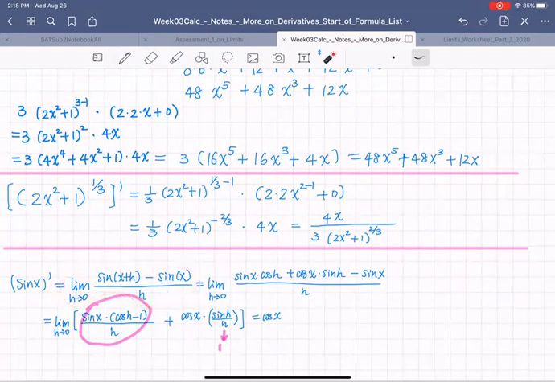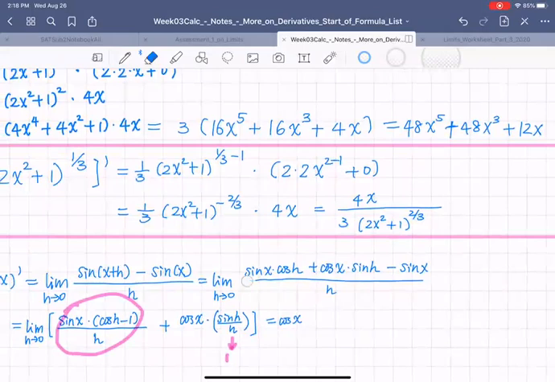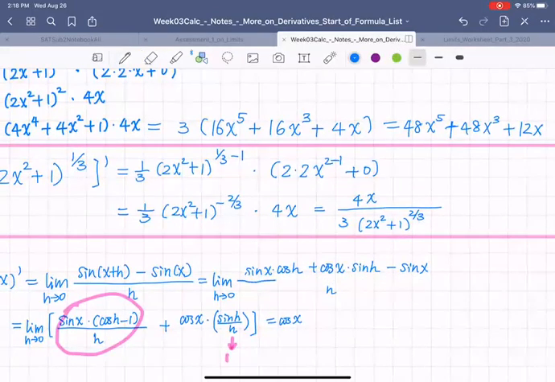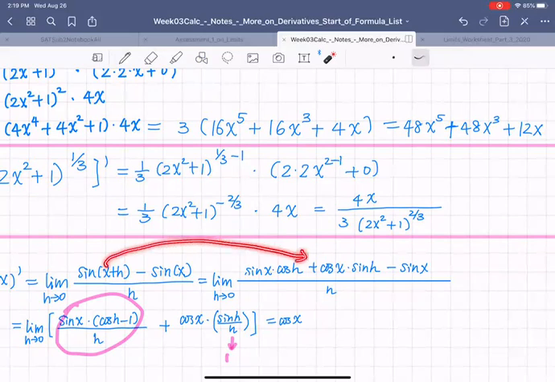Go ahead, please write it down. After you write it down, you learned this formula before, right? So this is time to use your trigonometry formulas.